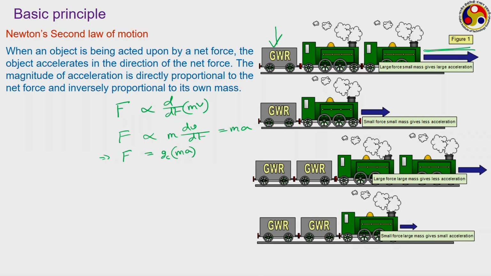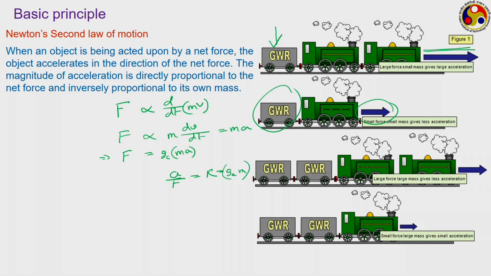However, keeping the load constant, that is, keeping this mass constant, if we make the force half, that is, we have just one engine here, the acceleration also becomes half. That means, for a given mass, the ratio of acceleration to force remains some sort of constant k, which is given as Gc into m.